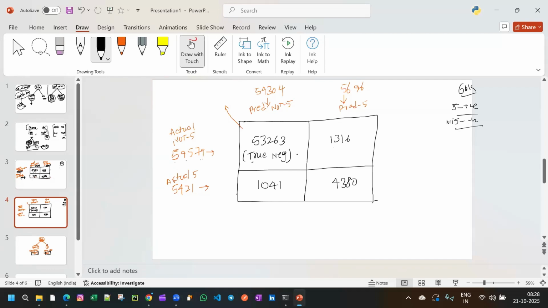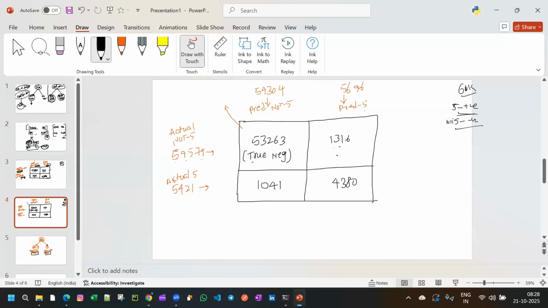Yes, sir. Okay. So coming to this number of actual not-5 images, what did my model do? My model decided these were 5 images, which is wrong. My model classified these 1,316 images as 5 images, which is the positive class.